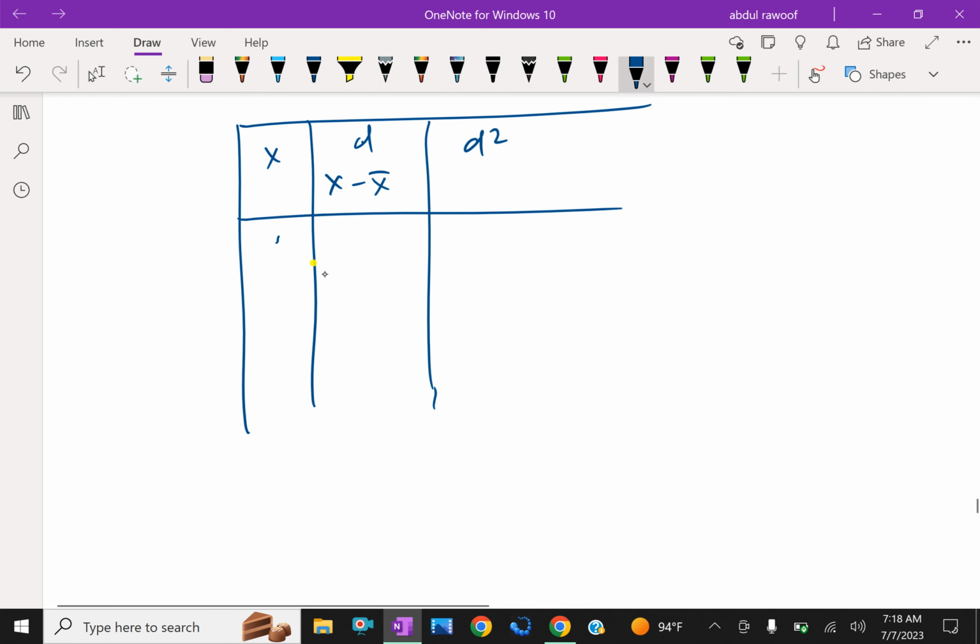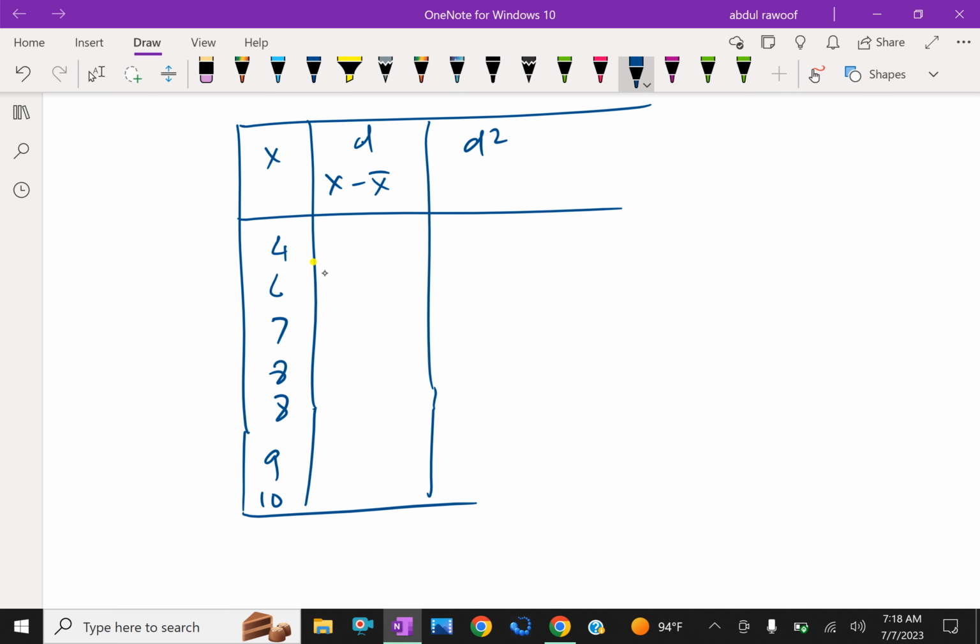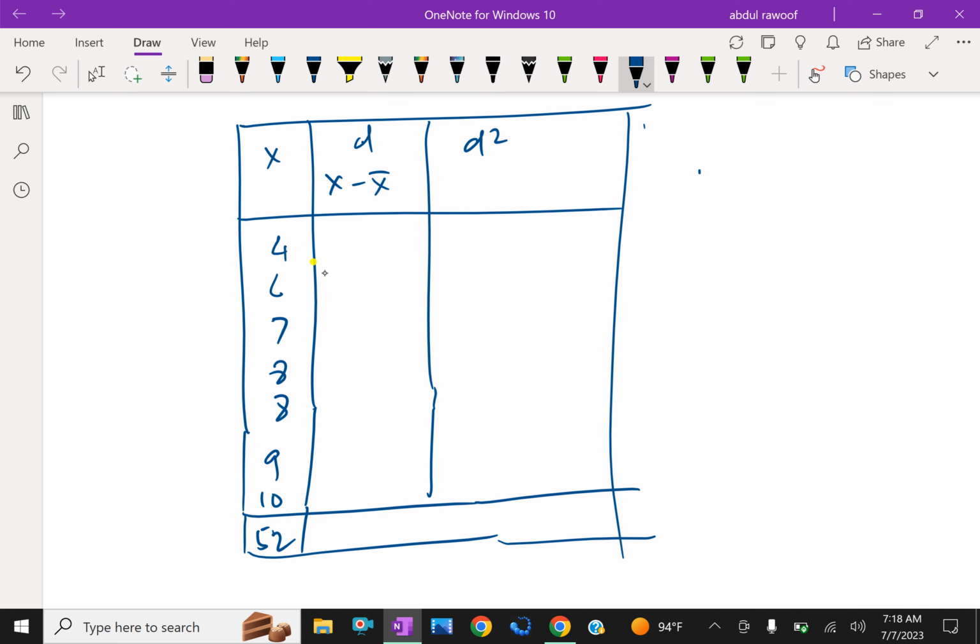The given values are 4, 6, 7, 8, 8, 9, 10. Then the sum is 52. Before that, you have to find the mean. X bar is the mean, 52 over 7 items, which is approximately 7.3. So our x bar is 7.3.